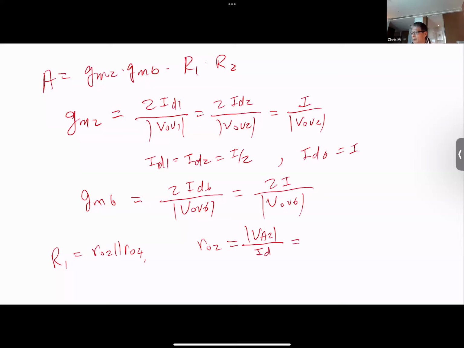Well, ID1 or ID2 is half of the current, so we get VA2 divided by half I, which equals 2 times VA2 divided by I. And similarly, RO4 would equal 2 times VA4, the early voltage, divided by I.